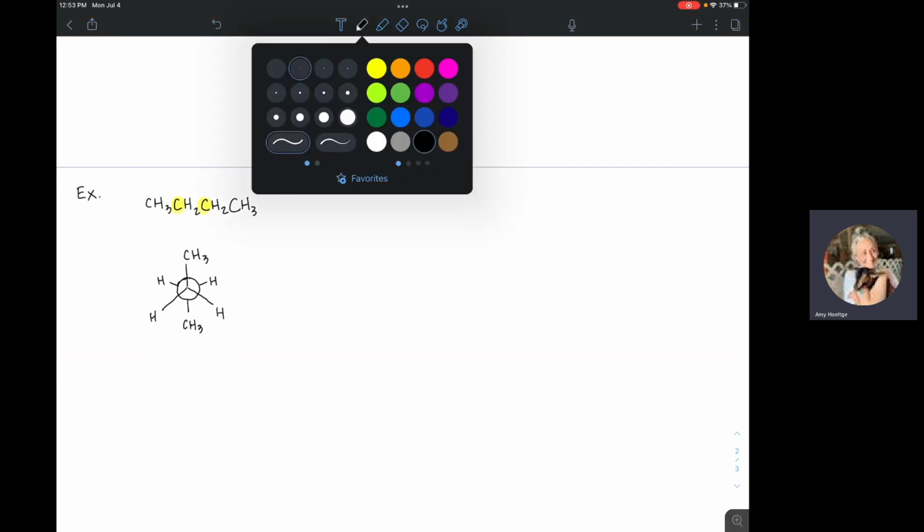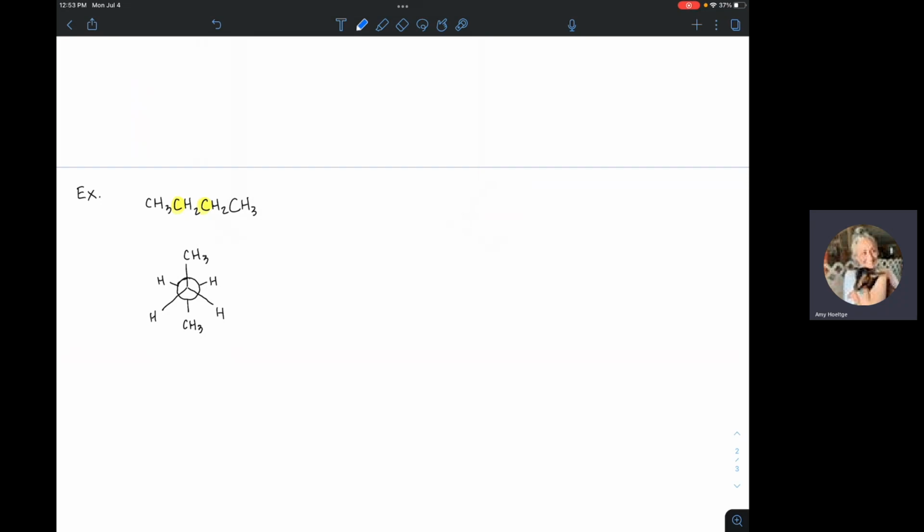What I've done is I've put these methyl groups, not only are all of these groups staggered, right? But also anti. So they are 180 degrees apart.